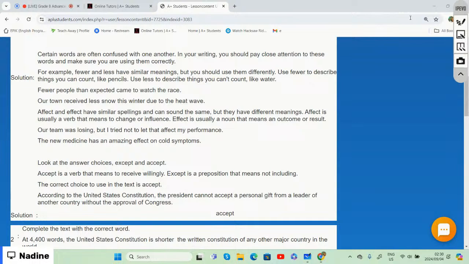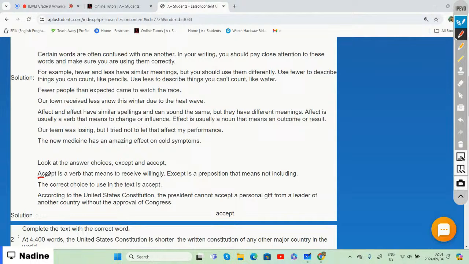And if we look at the differences between the two words, accept is a verb that means to receive willingly, whereas except is a preposition. It means you are not included. It's like saying Jack and Ben are going to play with the skateboards, except so-and-so, so you're excluding somebody else, right? But accept is receiving something willingly.